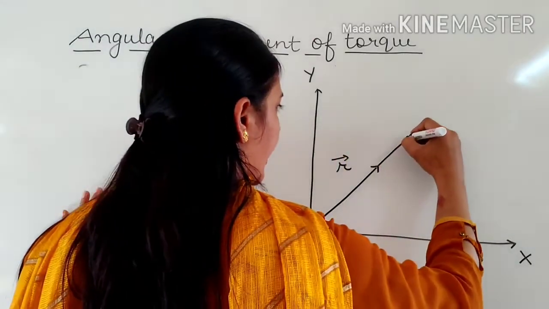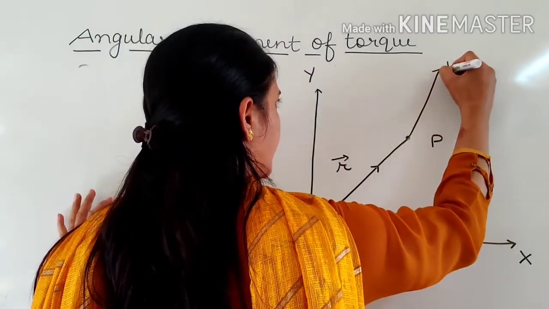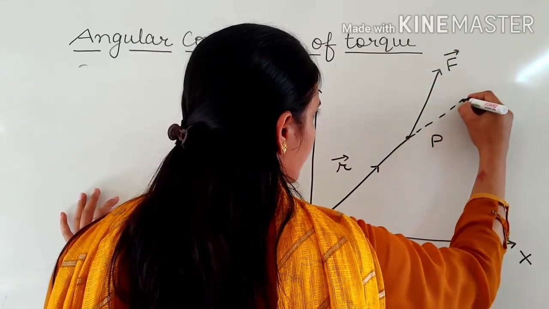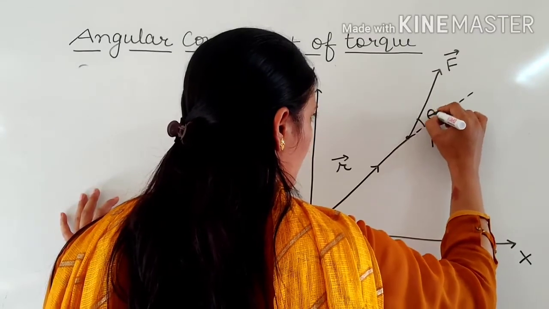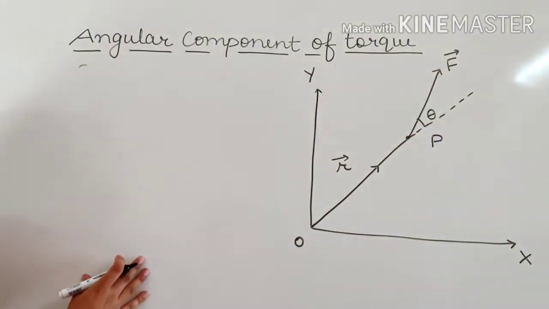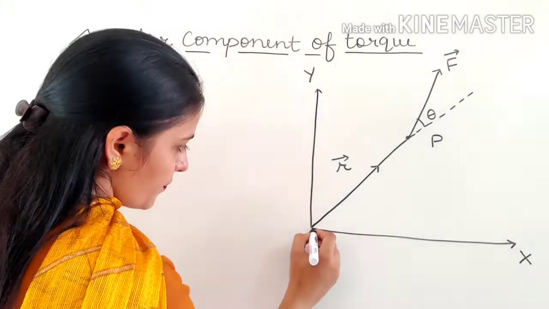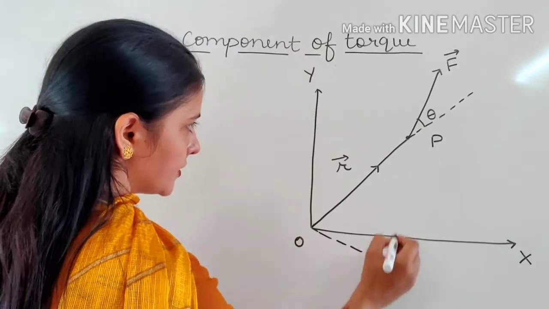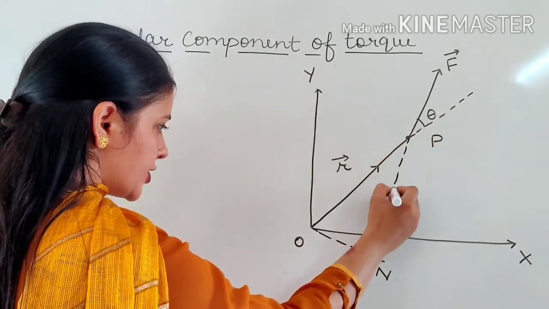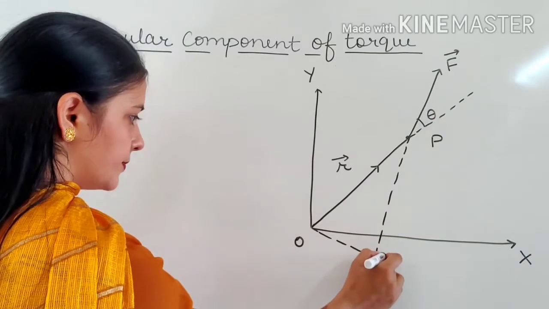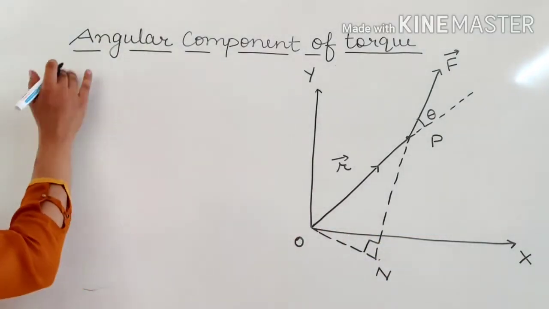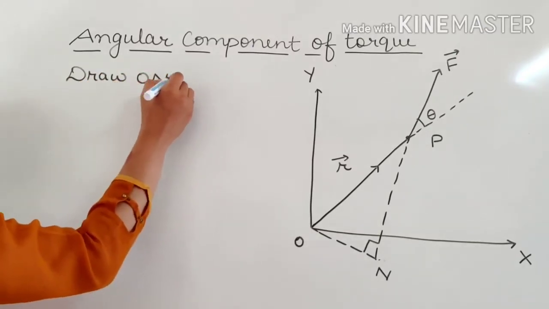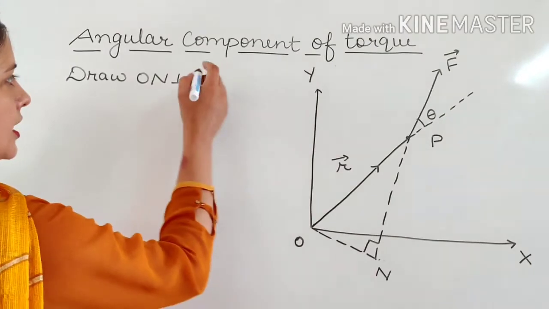Suppose a force is applied on this particle, that is F, which is making an angle theta with the position vector. Now draw a perpendicular, say ON, on the line of action of force. Draw ON perpendicular to NP.